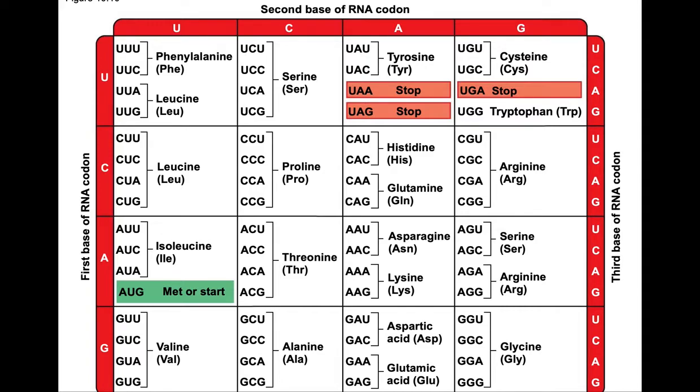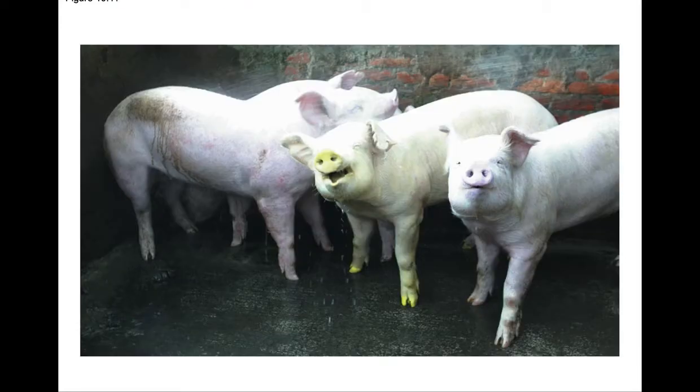All of life on planet Earth uses this genetic code, even bacteria. So the genetic code is universal, and that's what they're getting at. You can take a firefly gene, put it into a pig, and you get this outcome. Okay, moving on.